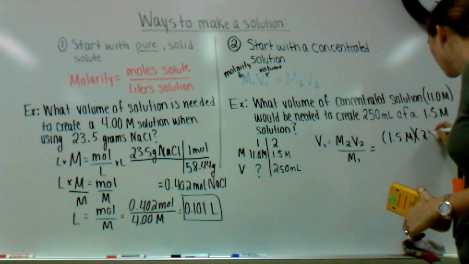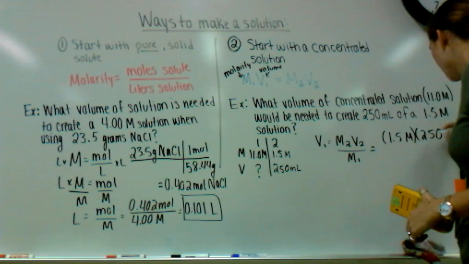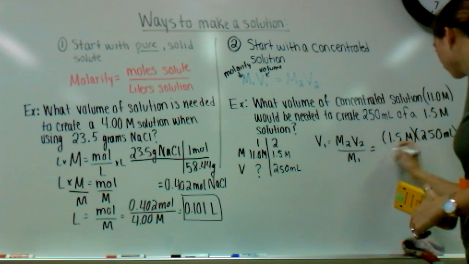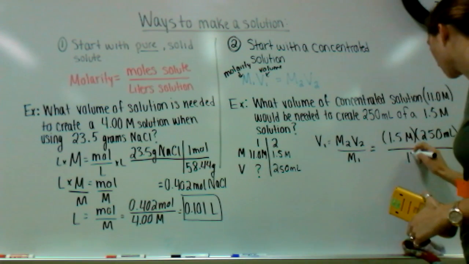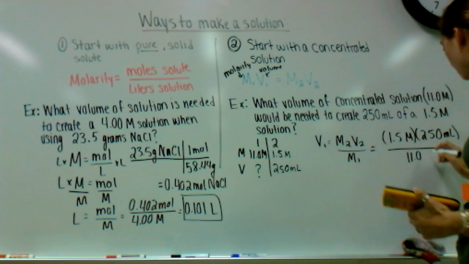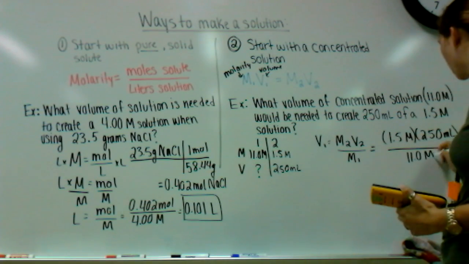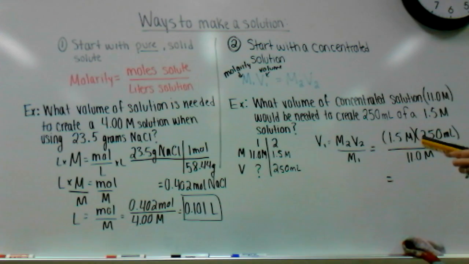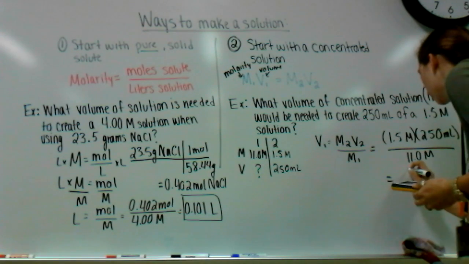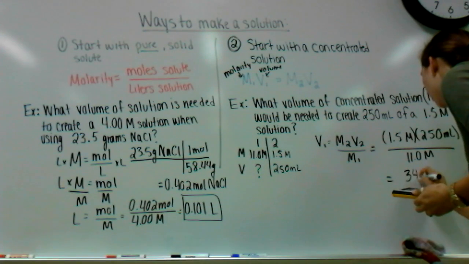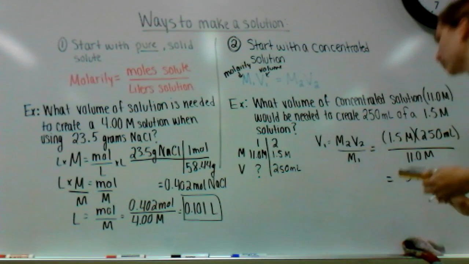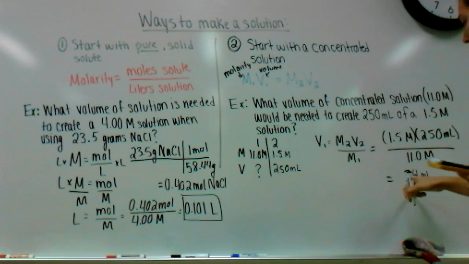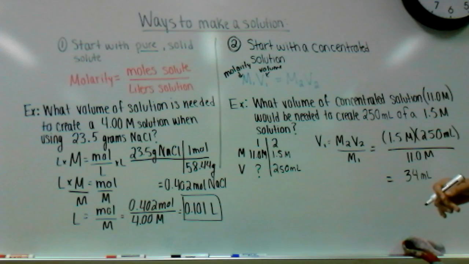V2, we have 250 milliliters divided by the original concentration of 11.0 molar. Multiply this on top and then divide through. And you're going to get, you need 34 milliliters of a concentrated solution in order to create your dilute solution.